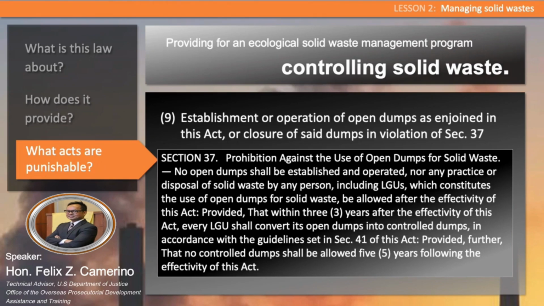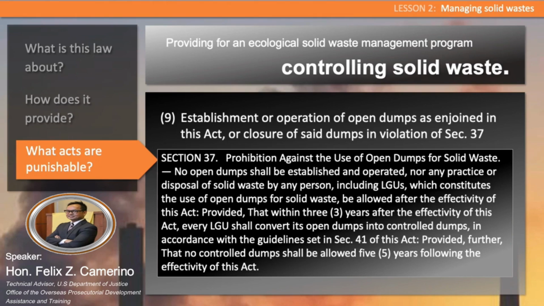And it goes on to say that for another 2 years, a total of 5 years reckoned from the effectivity of this law, on the day after the 5th year, those controlled open dumps were completely closed.